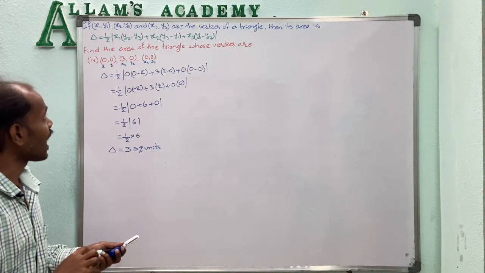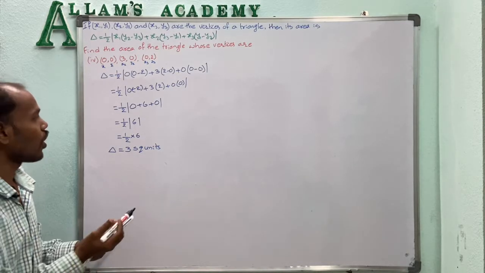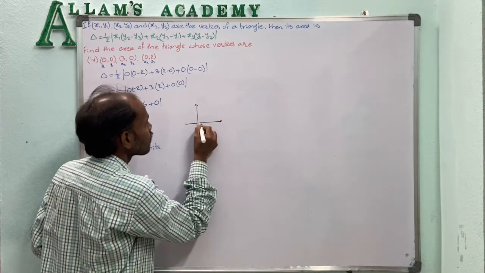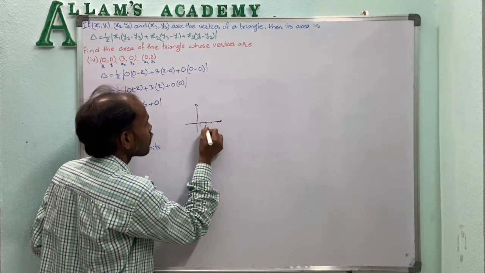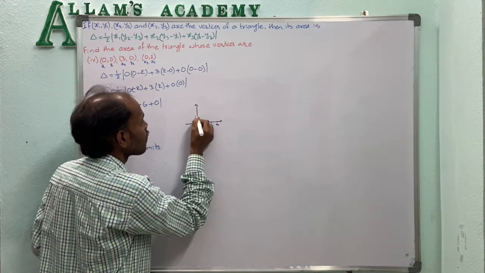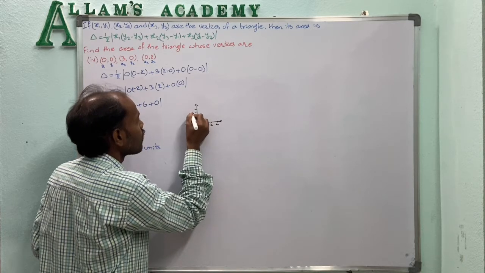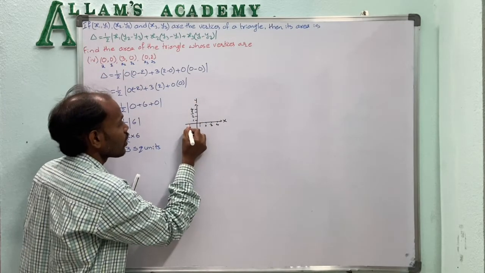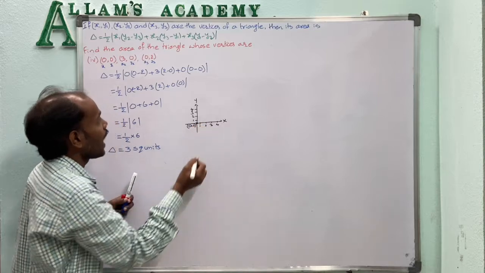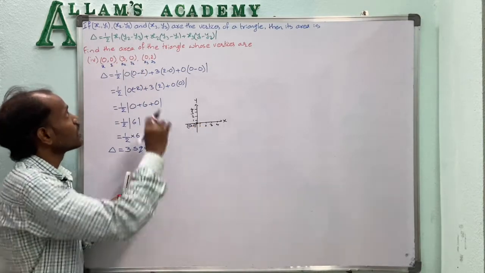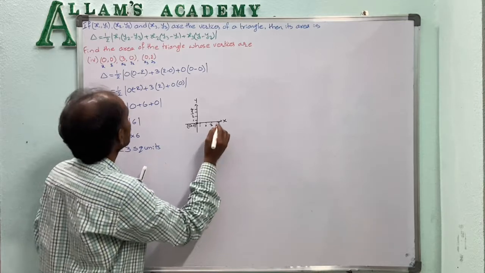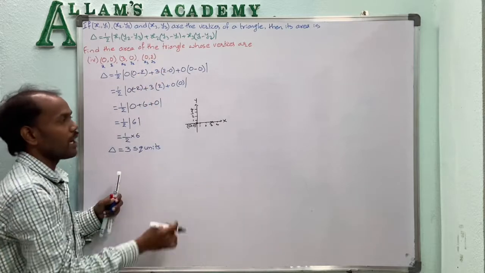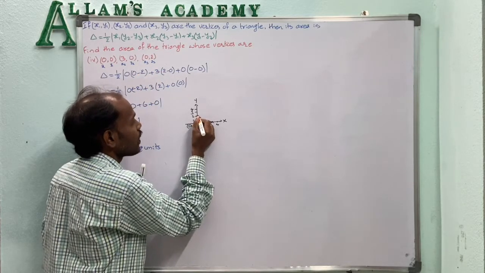Now if we draw the triangle on the coordinate plane, with the x coordinate and y coordinate, one point is (0, 0) given, and another point is (3, 0). (3, 0) means the point is on the x axis, and the other one is (0, 2), so it will be located on the y axis.